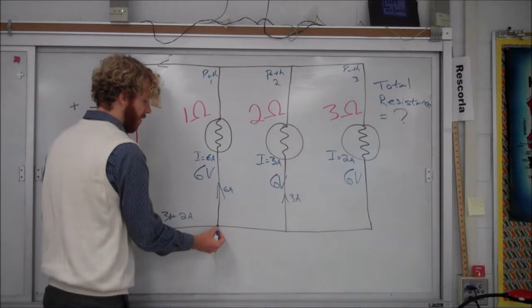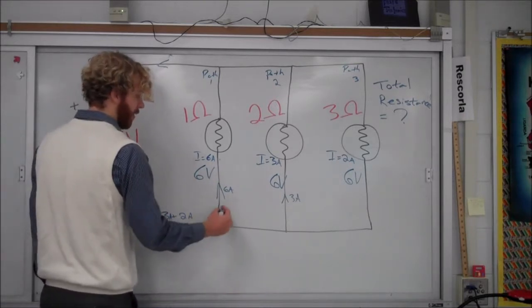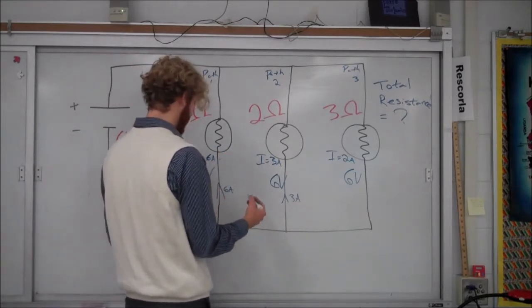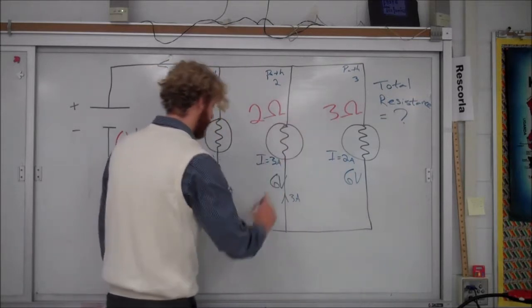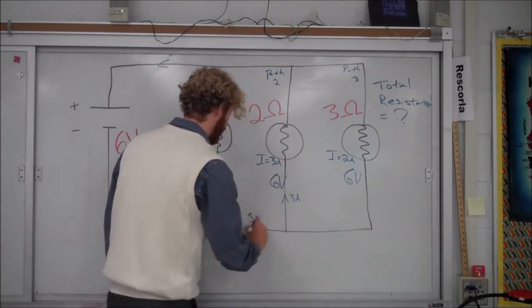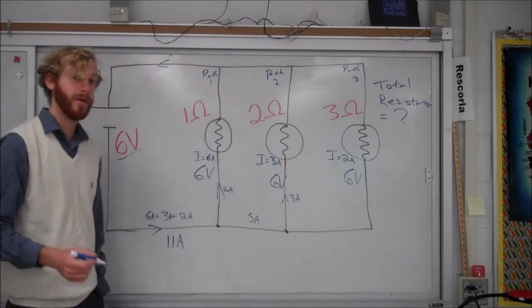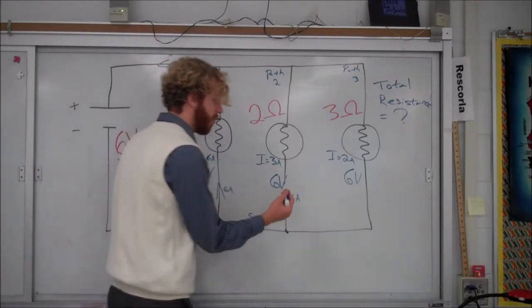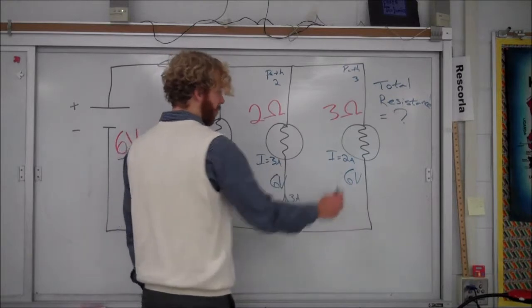So we have 11 amps going. Then we have our first break. Now at this break, 6 amps are going to be going through path 1, while the other 5 are going to be going through path 2 and 3. We have 5 amps here. Then we get to our second break, fork in the road. 3 amps are going to go path 2, while the remaining 2 amps go through path 3.